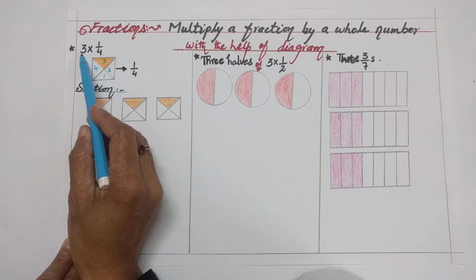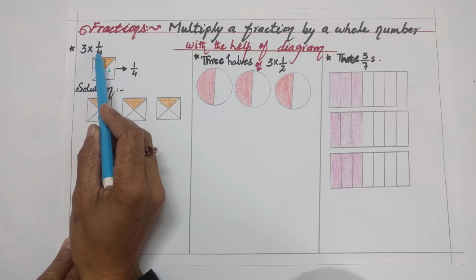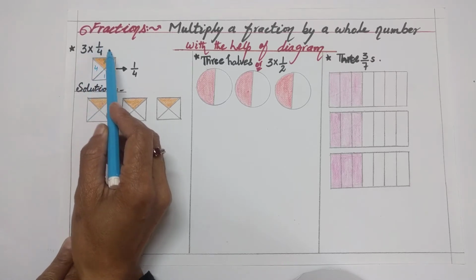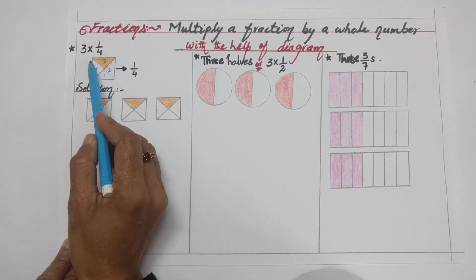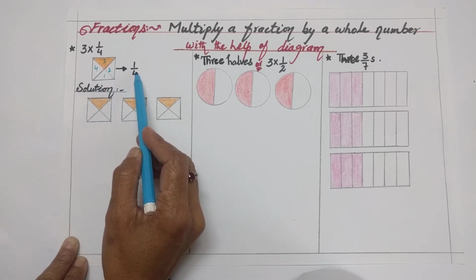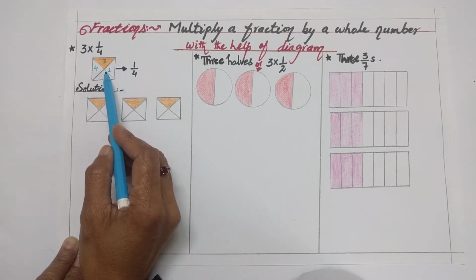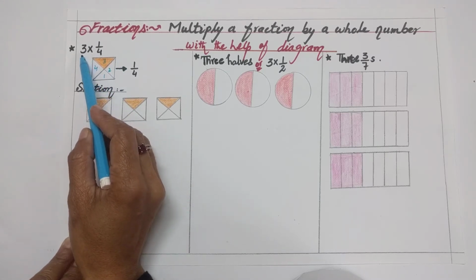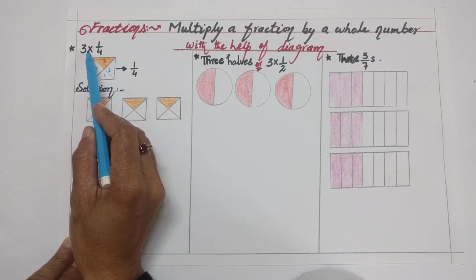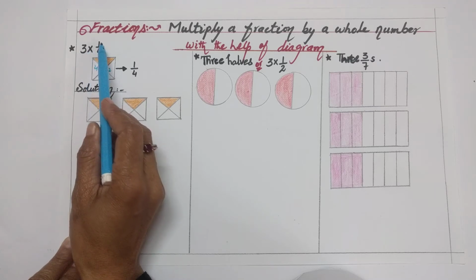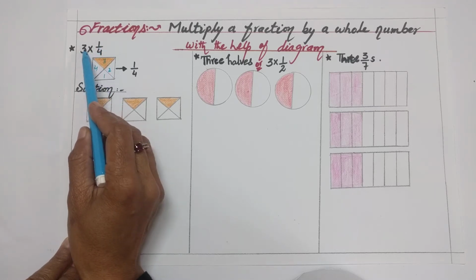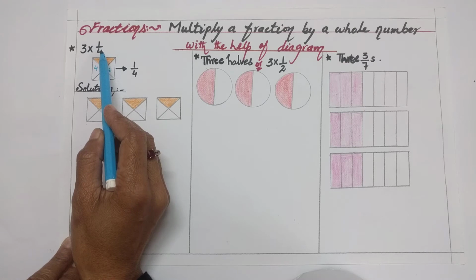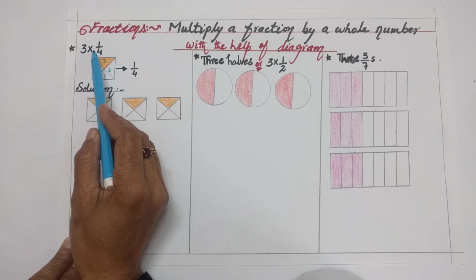In this example, we have to multiply a whole number by a fraction. So this diagram actually represents this fraction, and we have to multiply this fraction 3 times. 3 into 1 by 4 means 3 times 1 by 4, or 3 quarters.